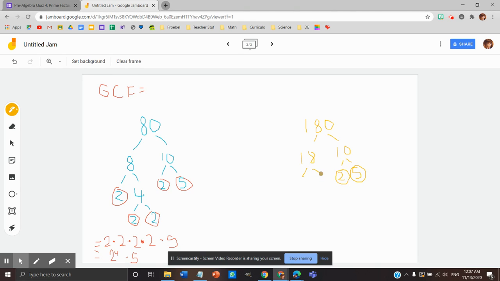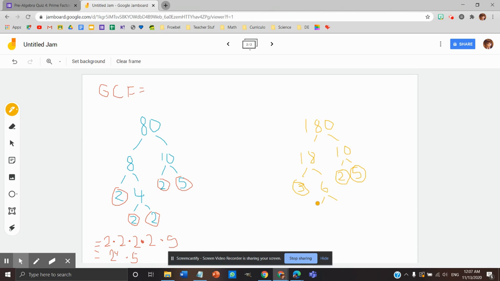How about 18? What are the factors of 18? Well, 3 times 6 is 18. So I can multiply 3, and 3 is a prime number, right? Times 6. Now, 6 is not a prime number. 6 is a composite number because I can continue factoring it.